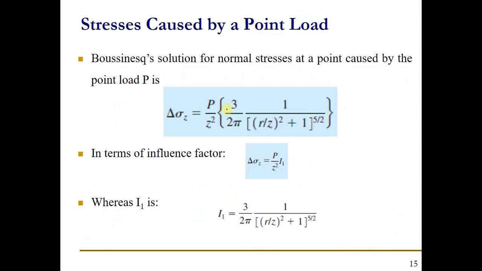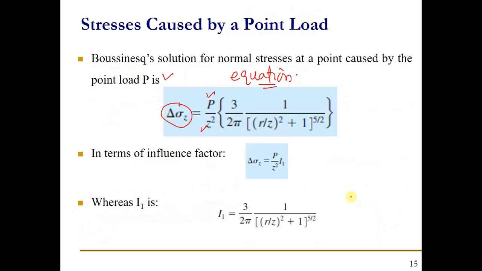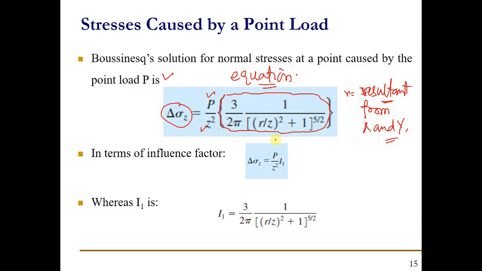To use this equation: Boussinesq's solution for normal stress at a point caused by the point load is given by the equation here, where P is the load, z is the depth of interest at which we need to find the delta sigma or the stress increase, and this term includes the r, that resultant, which we can find out from the x and y distances.